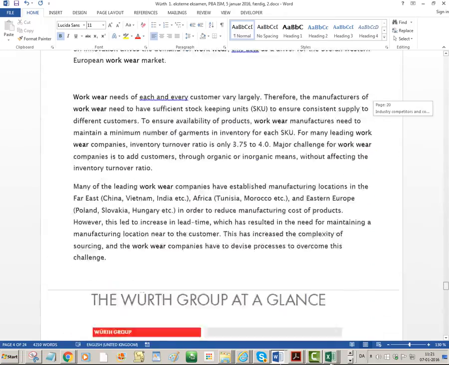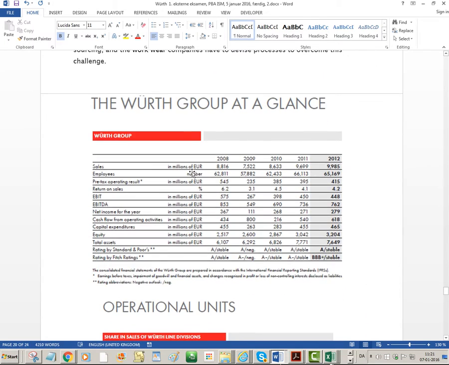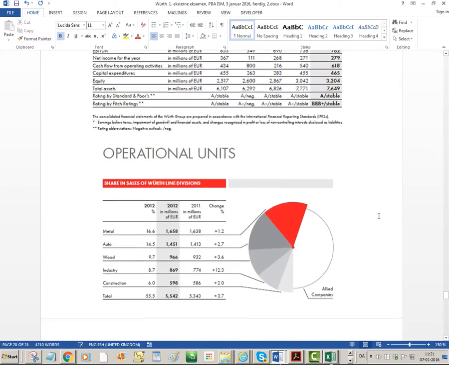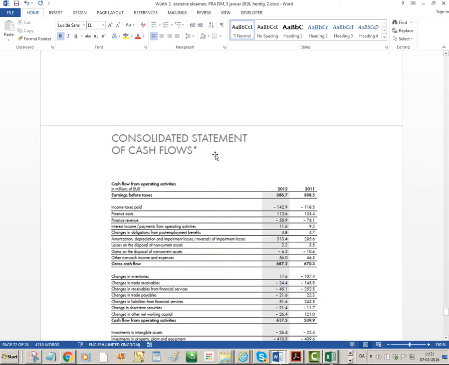There is Wurth group at a glance, which gives us some of the key numbers for the group on a worldwide basis. This is not for Scandinavia, this is the total numbers for the group. And there are some more pages with things like the consolidated statement of cash flow, etc.